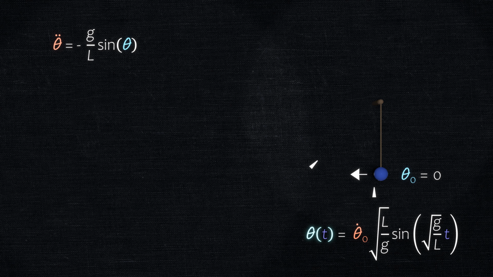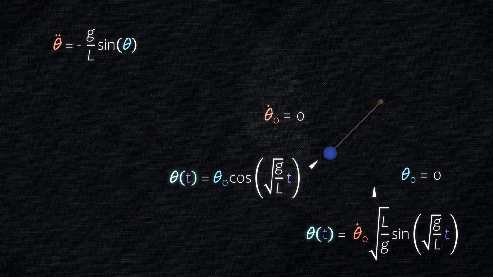When the starting angle is 0, the solution becomes theta dot 0 multiplied by square root of L over g multiplied by sine of square root of g divided by L multiplied by t. If the starting angular velocity is 0, the solution is theta 0 multiplied by cosine of square root of g over L multiplied by t.